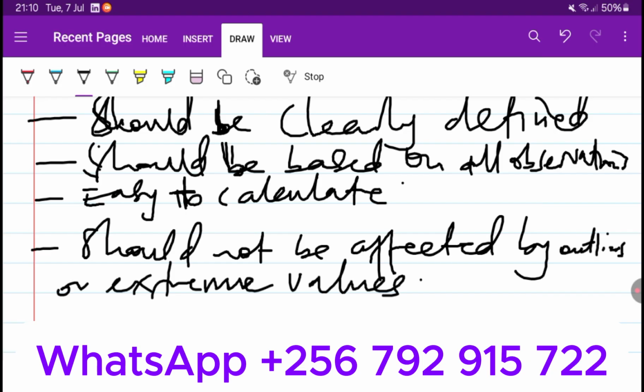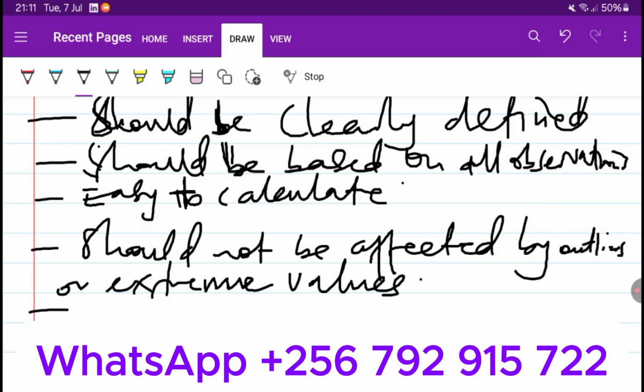Why? Because if you have a very big number and you want to get the average, you'll find that the average value you have computed does not represent the entire data set, or all the data given. It will be a value that is too far away from the middle point because of the outliers, even though the mean is one of the measures of central tendency that utilizes all the data set.